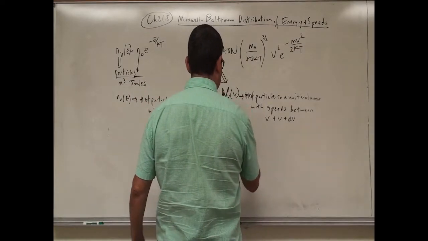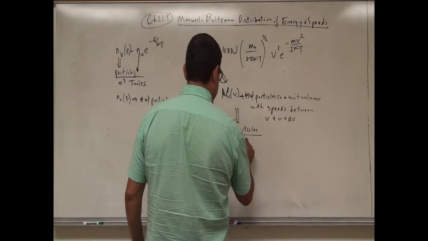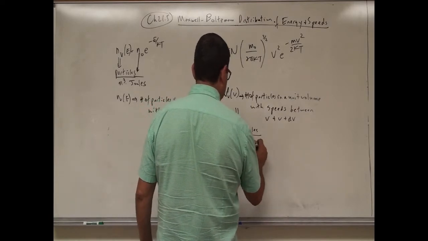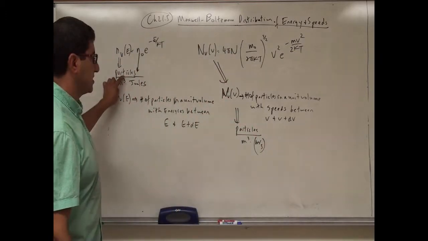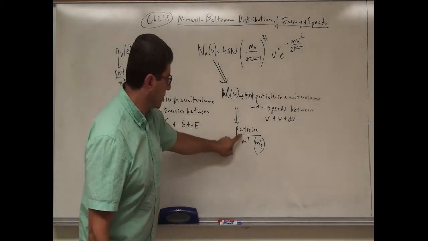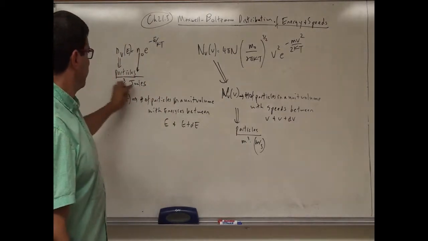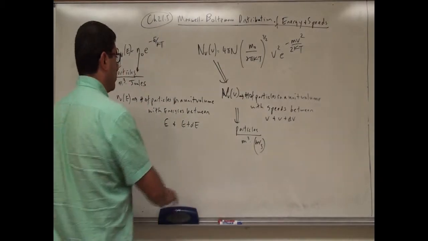It would be particles per meter cubed per meter per second, right? So the particles per meter cubed is the same, but instead of per joule, it's going to be per meter per second, right?